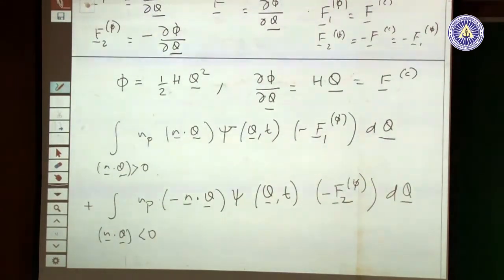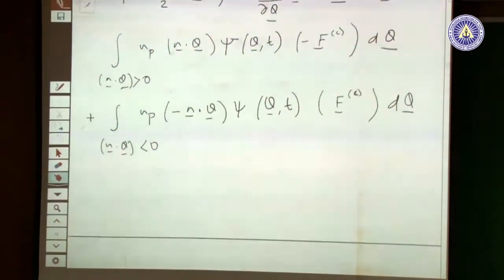Now, if I replace this by minus F c, and this by plus F c, because F2 was minus F c, then you see the integrands are the same. There is a minus here and a minus here. Both integrands are the same; only here you are integrating over positive n dot q and there over negative n dot q. So, you can get rid of this positive and negative and combine it all under the same integral.